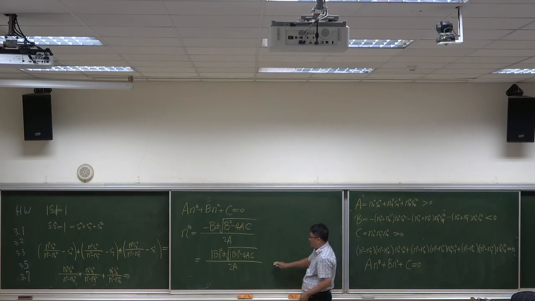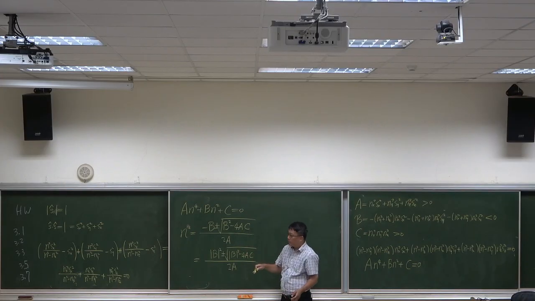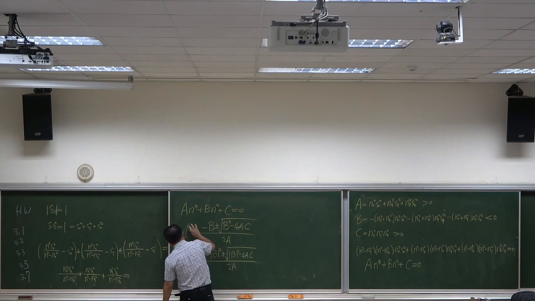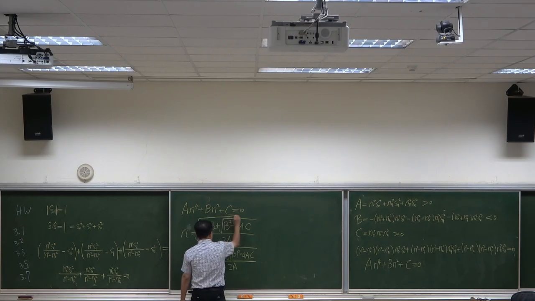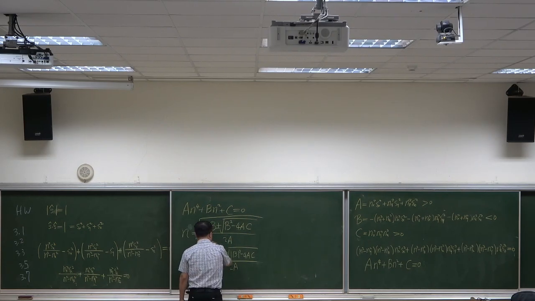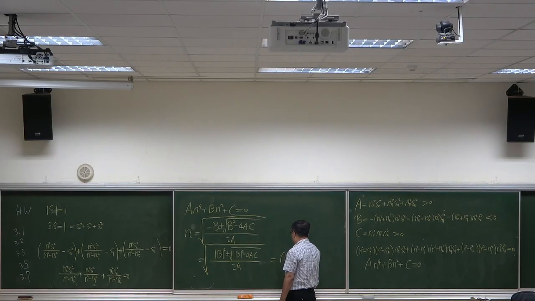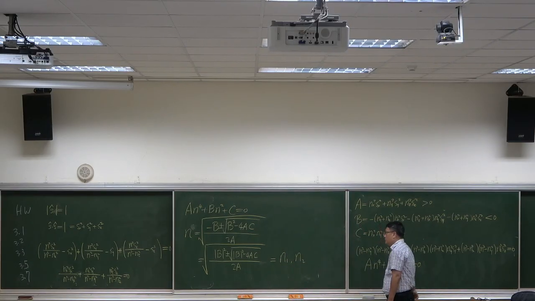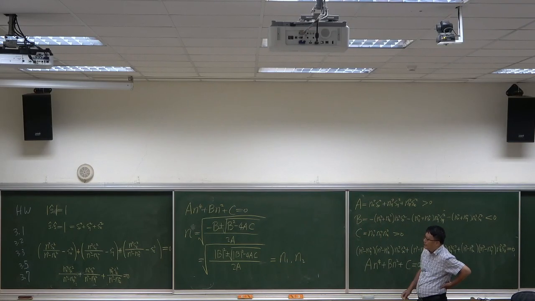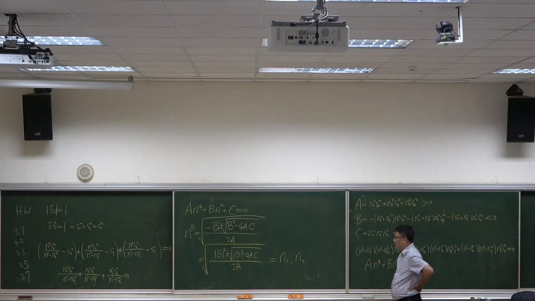So this gives us two positive numbers, okay? And we can take the square root of them to get two solutions of the refracting index.